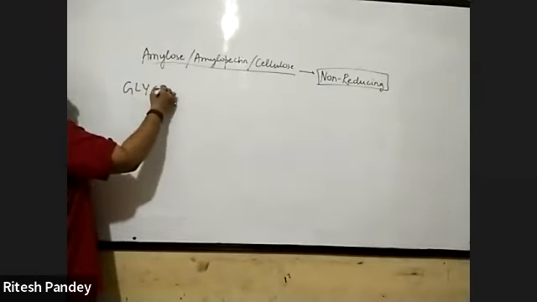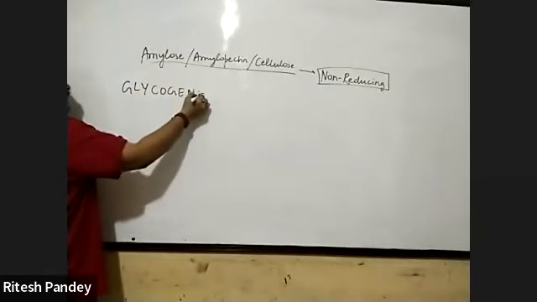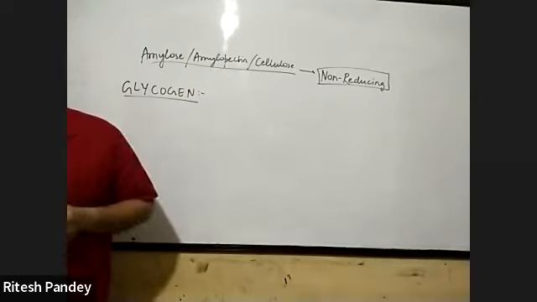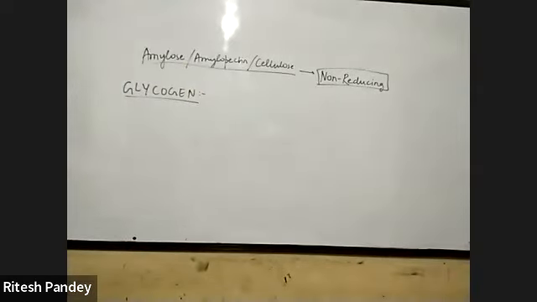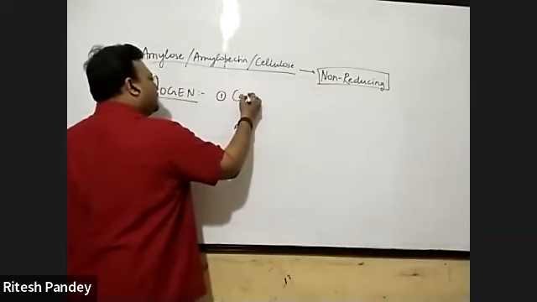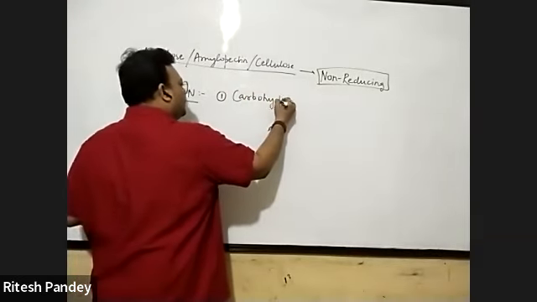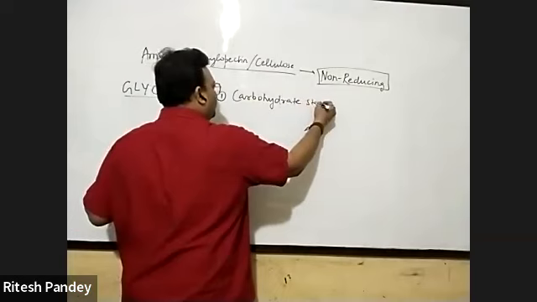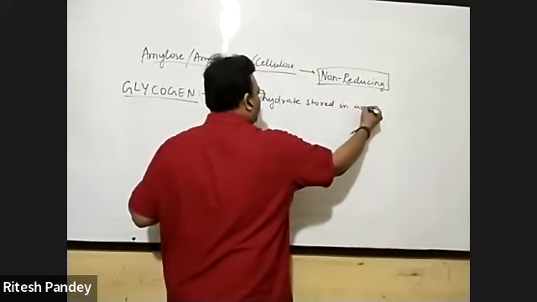I did tell you I'm limiting it pinpoint to the information which is NCERT. I'm quoting NCERT everywhere. Glycogen is the carbohydrate stored in animal body.